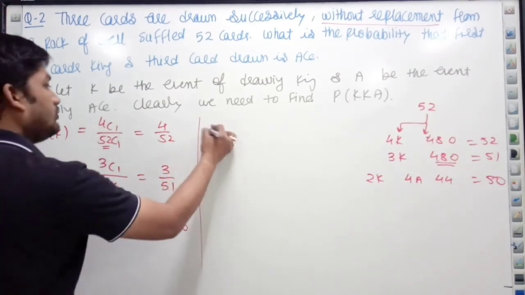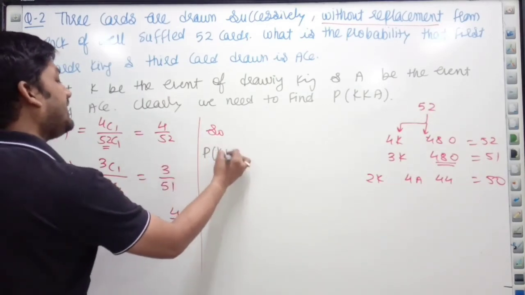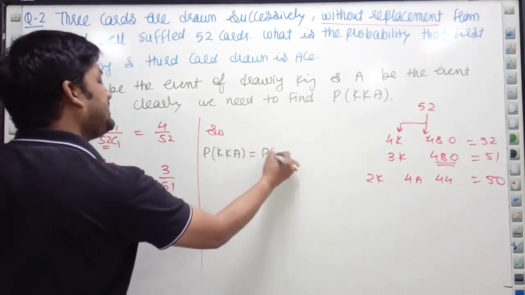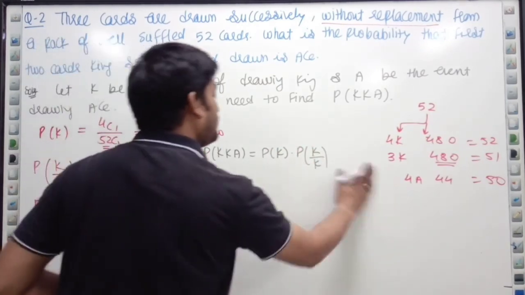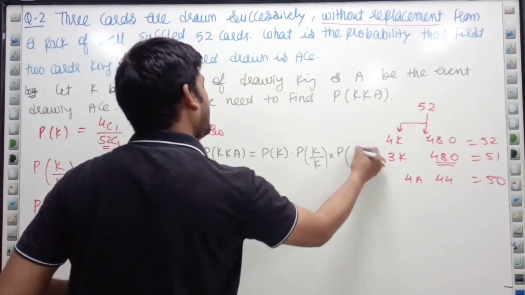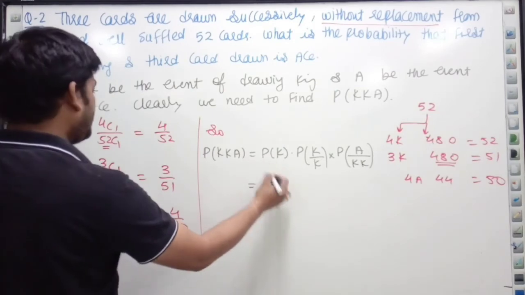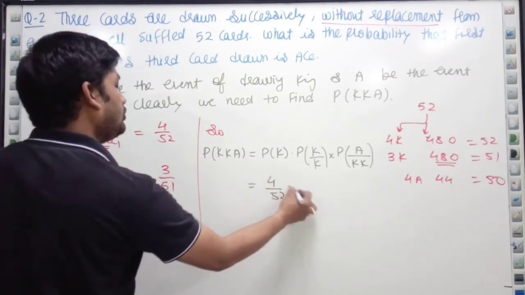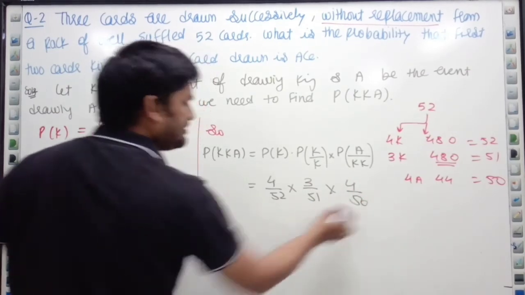So we can say the required probability P(KKA) is equal to P(K) into P(K|K) into P(A|KK), right? Probability of king 4/52 into 3/51 into 4/50. It should be clear.